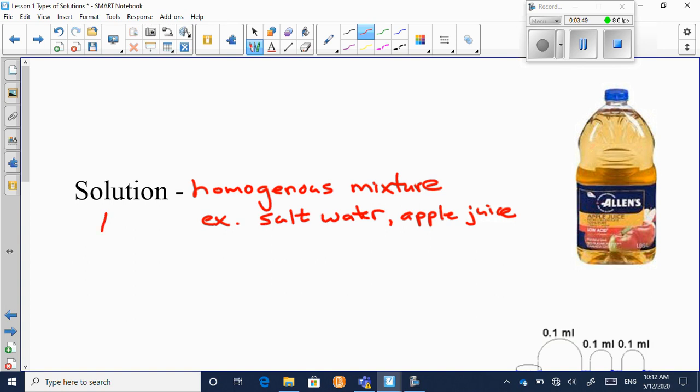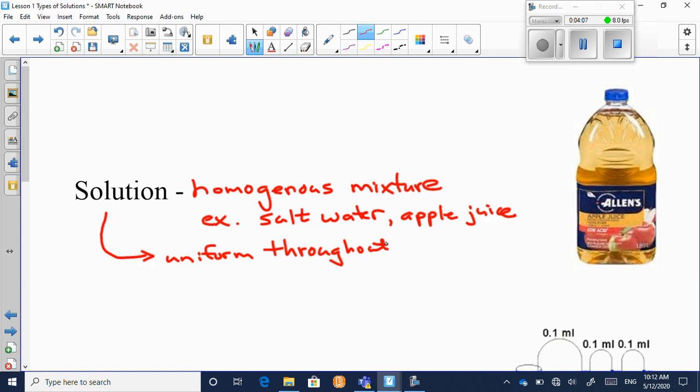The one thing we'll say about a solution, a couple of points, is that it's uniform. It's uniform throughout. And so it's not like it's darker at one point and lighter at one point. It's very uniform.